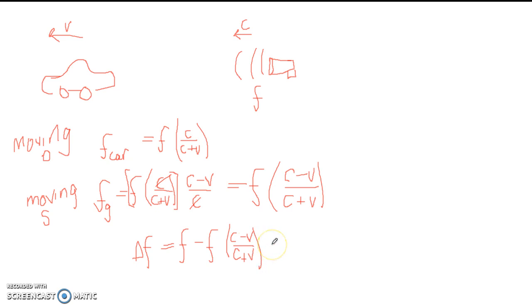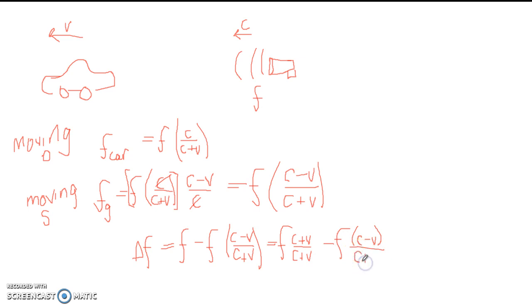Okay, a few things are going to make this mathematically easier for us. I'm going to write this as F times c plus v over c plus v. That's the same thing as 1, right? And that's to give a common denominator for the two. Minus then F times c minus v over c plus v.